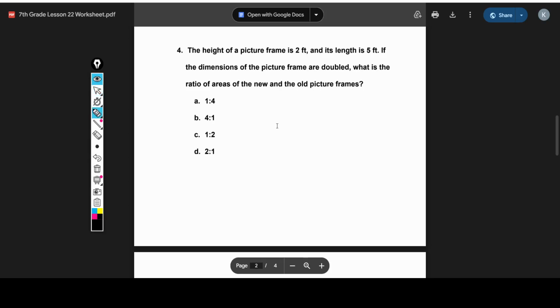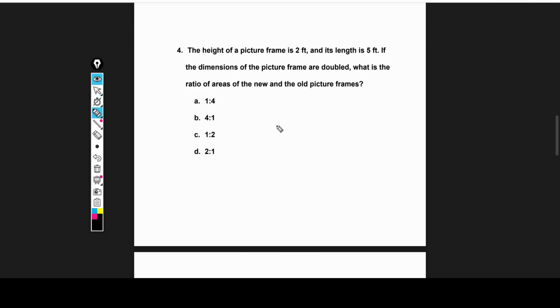Alright, we have the height of a picture frame, which is 2 feet, and the length of 5 feet. If the dimensions are doubled, what is the ratio of areas of new to old picture frames? For this problem, it's pretty cool. We don't need the exact height and length because we're only trying to find the ratio between old and new.